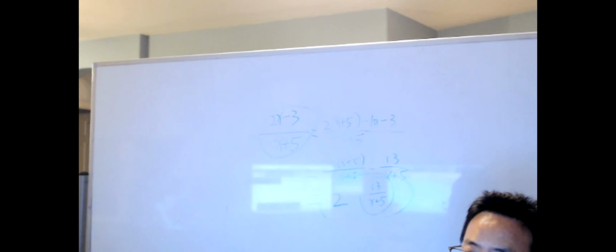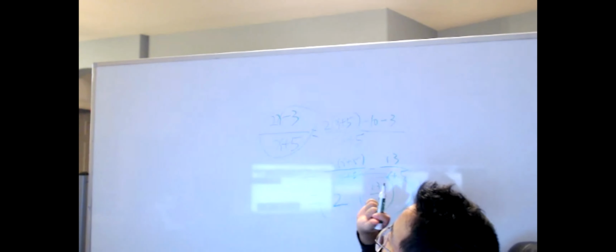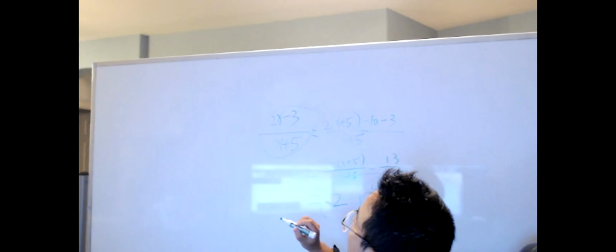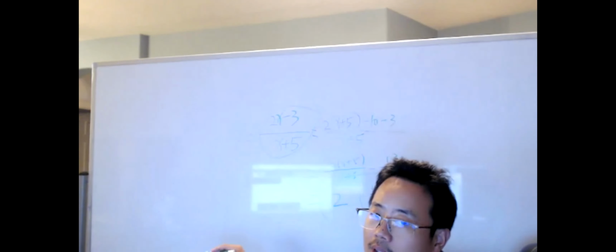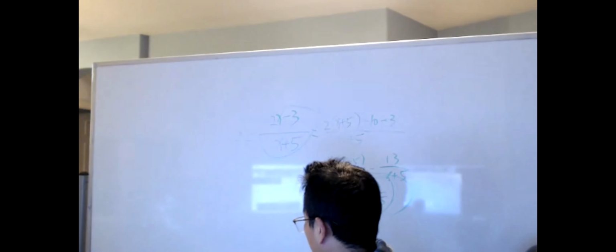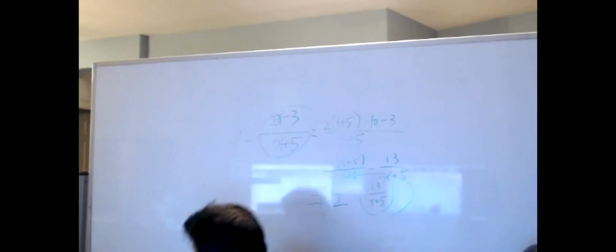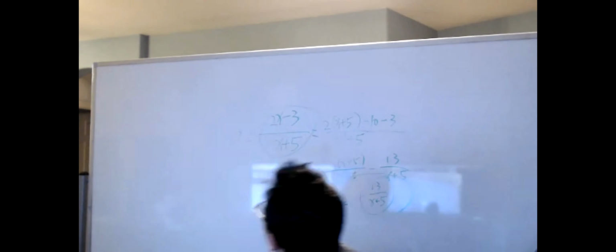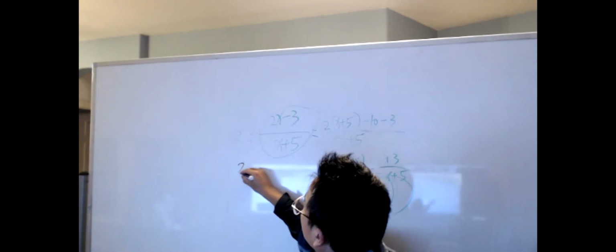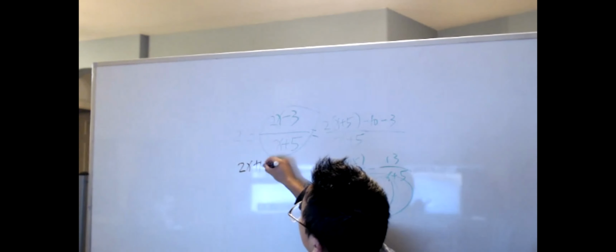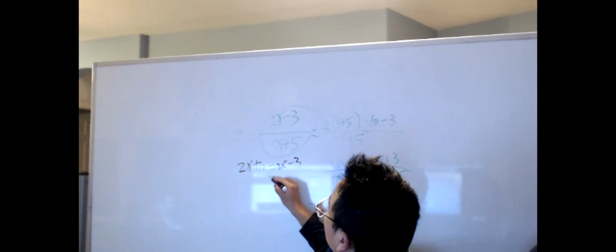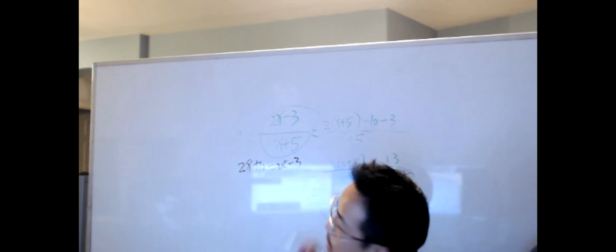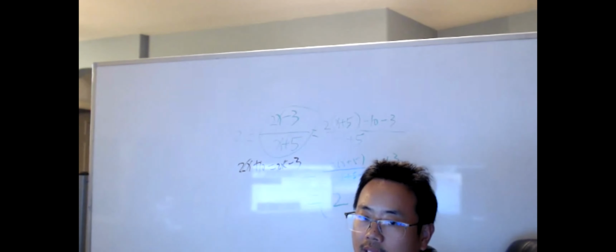Right? This function can be everything except for 2. All right. You want to try to solve this equal to 2. What would you get? I'll change to a different color. So let's solve it. So 2x plus 10 equals 2x minus 3. We cancel out 2x, and 10 equals minus 3. So there's no solution for it, right?